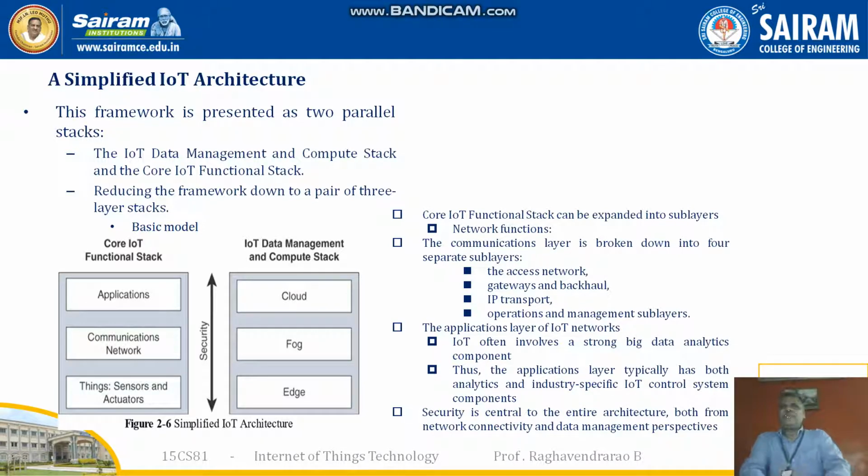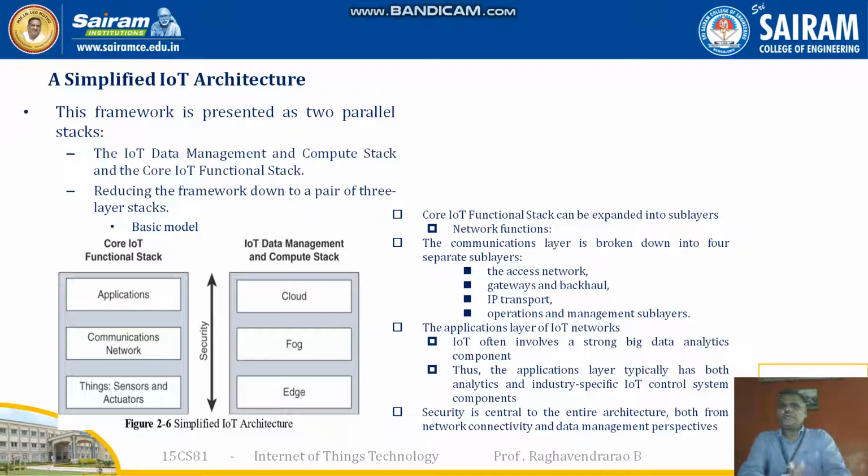There is a simplified IoT architecture here. It's a 3-layer architecture. The framework is being designed like this, with 2 parallel stacks: the IoT data management and compute stack, and the core IoT functional stack.